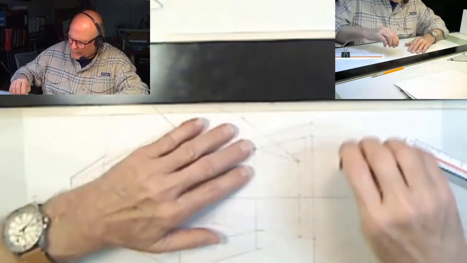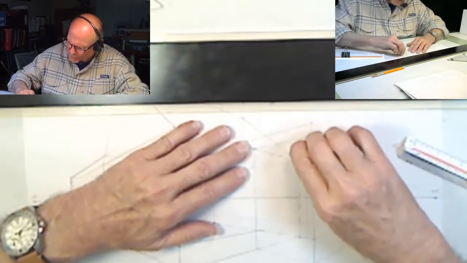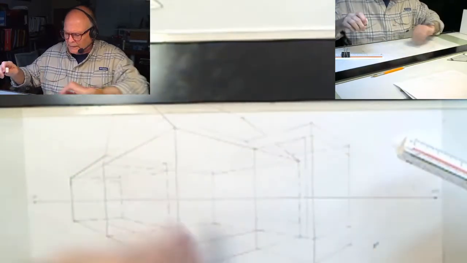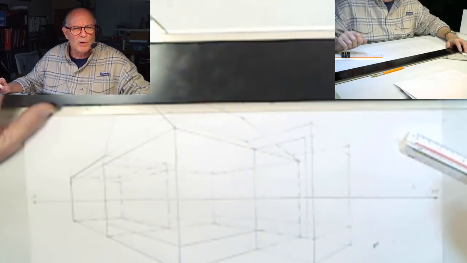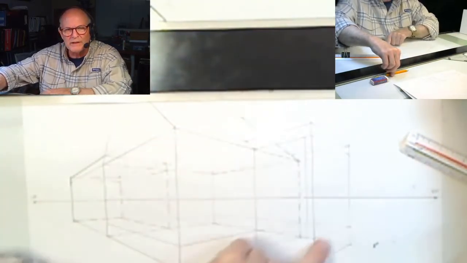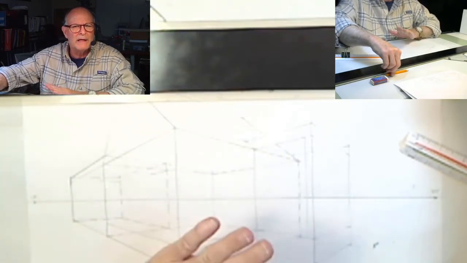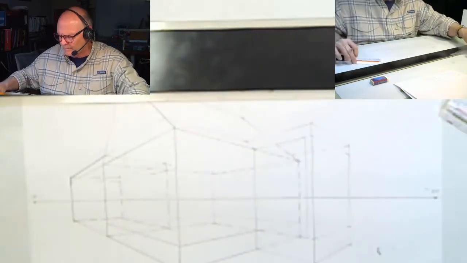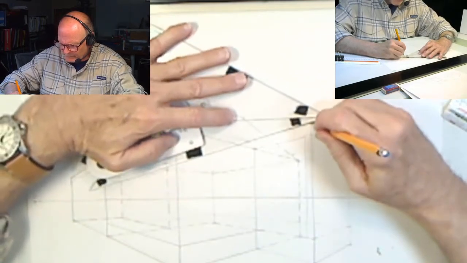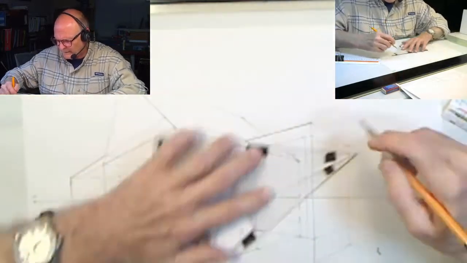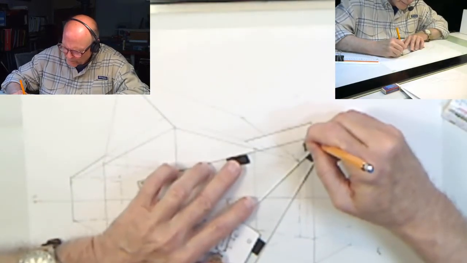I've tried to create some phantom lines here that give us boundaries without creating a visual conflict in what we're trying to see. I'm just going to go back over this piece right here real quick to make sure that it is easily seen by the camera positioned over the drawing, and that way we can see the forms just that much better.